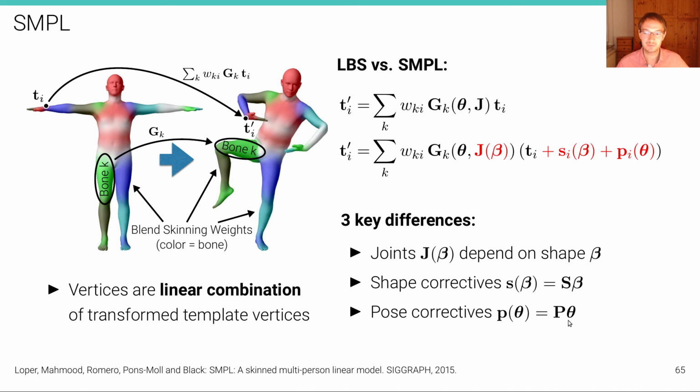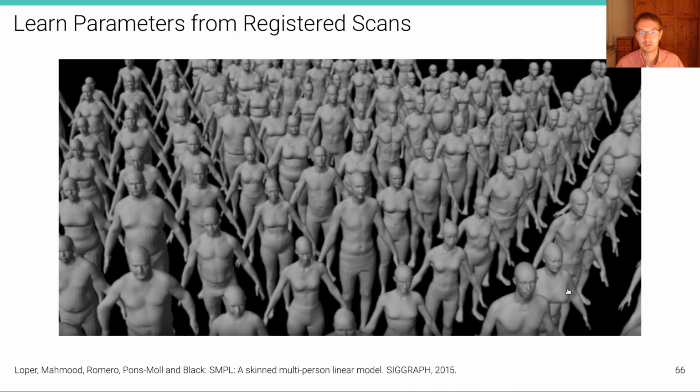This is a little simplification here of what the model actually does. It actually uses not, let's say, the joint angles directly, but it uses a bit more clever representation of the joint angles, but still it's a linear model in this representation.